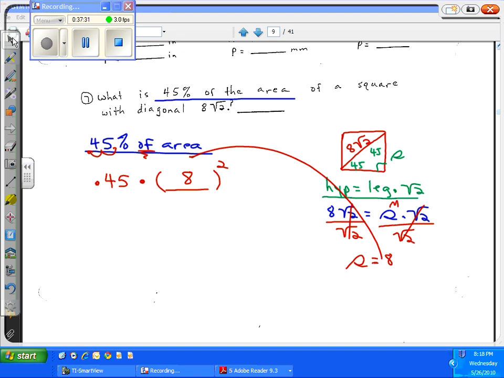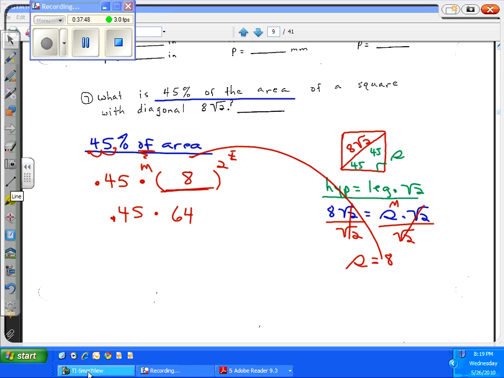So we plug that in. We get 45% of 8 squared. You do exponent before multiplication. 8 squared is 64. 45% of 64 is 0.45 times 64.